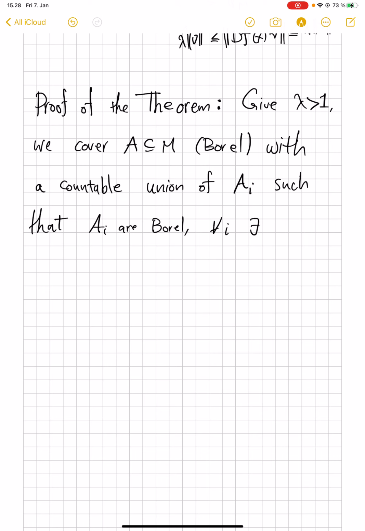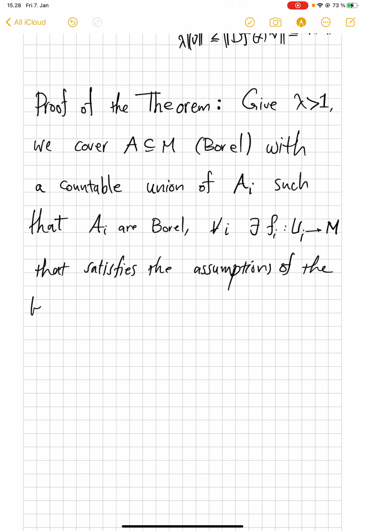For each i, there exists some parameterization from some open set that satisfies the assumptions of the lemma. That means, by the way, that lemma, I call it almost isometric local parameterizations. And of course, this fi has something to do with f, Ai has to do with fi.